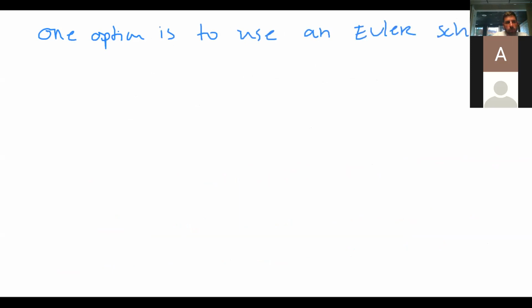Okay, so one option is to use an Euler scheme. So this would be very similar to what we did before, only now we have two equations instead of one equation. So the question would be, how do you adapt it properly?